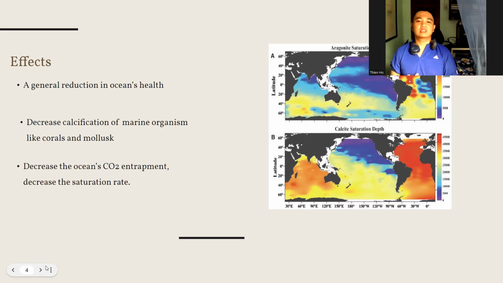Now we get back to what we mean by decreased calcification of marine organisms. There is a specific type of organism, calcifying marine organisms, which can construct a calcite exoskeleton.